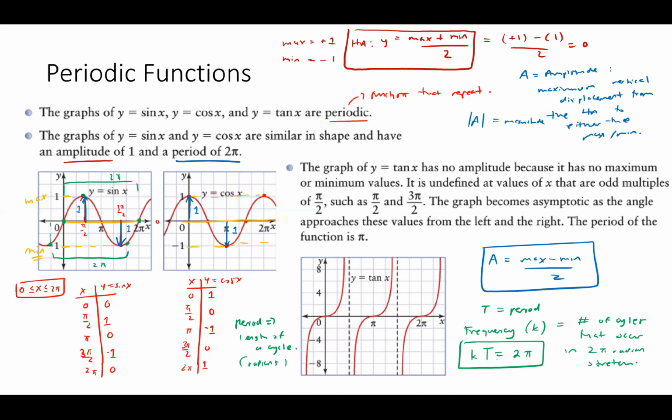That's something that we will talk about later on, but you can imagine that if frequency is the number of cycles per 2 pi radians, and the period is basically the length of a cycle, then you should always multiply to 2 pi. Okay, so try to understand it that way.